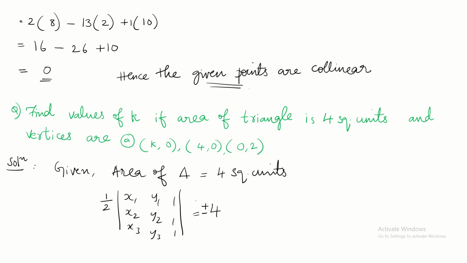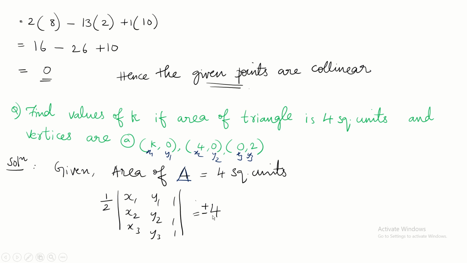See here in the next question, you have to find the value of k. If the area of the triangle is given, see, 4 square units is given as the area of the triangle, and the points in the question are x1, y1, x2, y2, x3, y3: (k, 0), (4, 0), (0, 2). Area of triangle, this is not A, it is the triangle symbol, is equal to 4 square units. So we'll substitute the formula here. If the area of the triangle is given in the question, you have to write plus or minus 4.